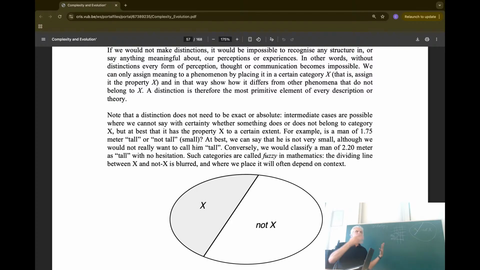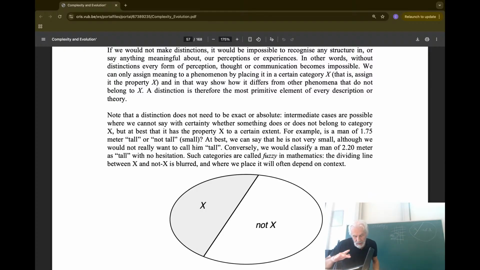A proposition is a statement that describes a particular state of affairs. This thing is black is a proposition, and that proposition is true or it is false. In mathematics, I will represent it as a set. I will say X is the set of all black things, not X is the complement of that set. That means the set of all the things that are not in the set X.